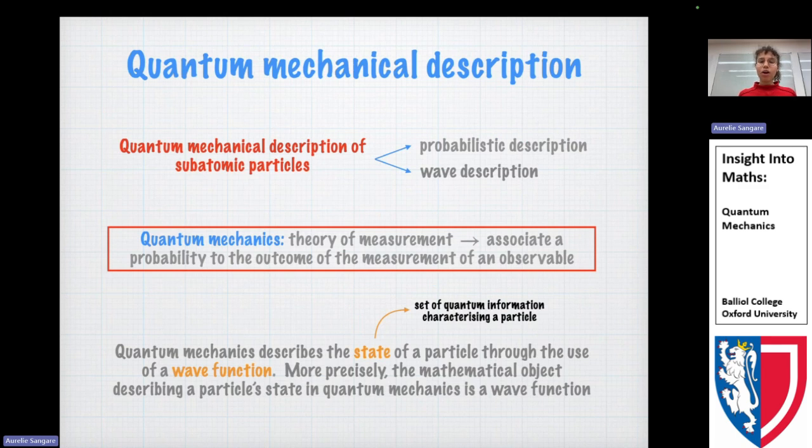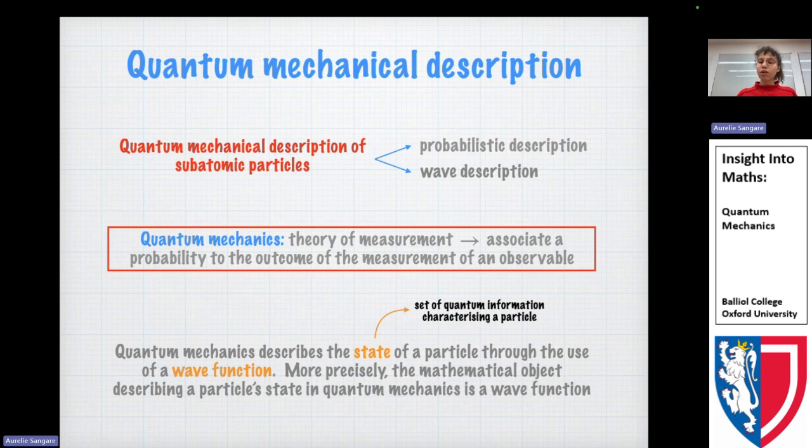And what also follows from the double slit experiment, and is really important to understand, is that when it comes to the quantum mechanical description of subatomic particles, on the one hand, it is a probabilistic description, because remember, as I told you, you can only consider measuring the probability for your electrons to arrive at some position x.